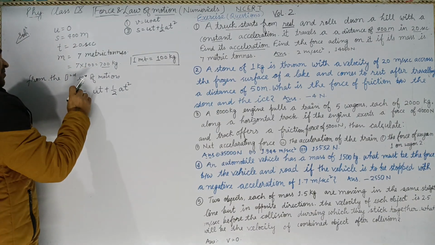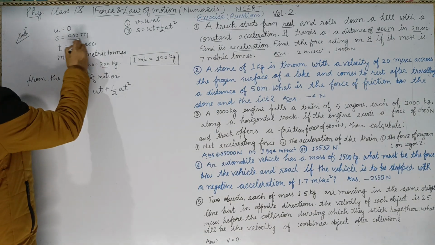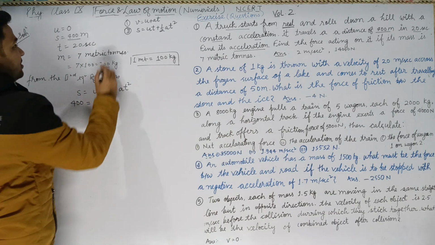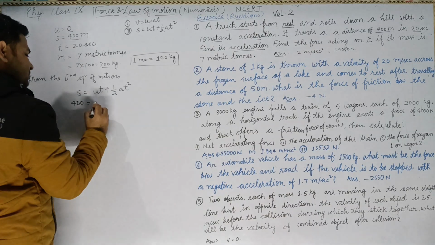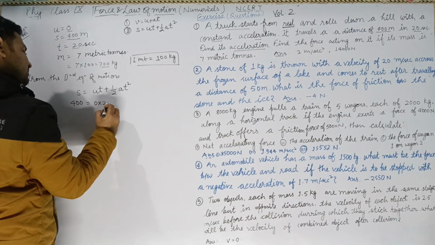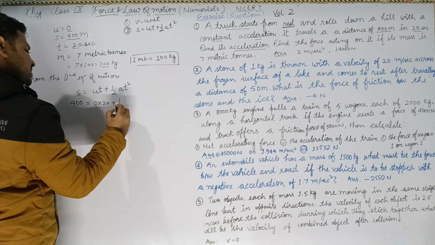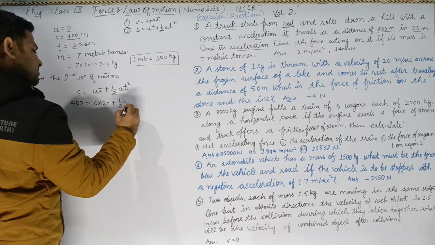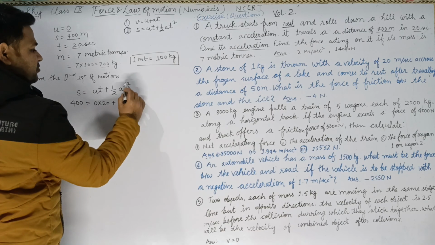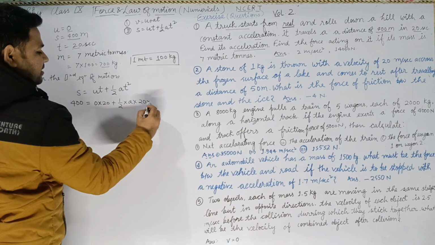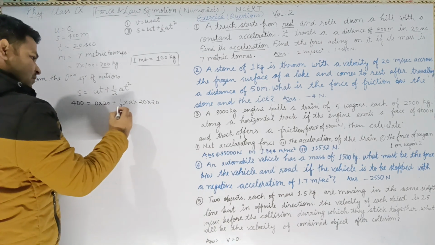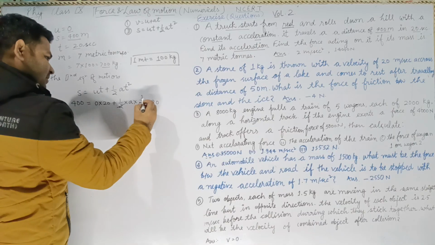So putting the values. s is given 400 meters. Initial velocity is 0 into time is 20 seconds, plus 1 by 2 into acceleration, which we have to find, into t square, square of 20, 20 into 20.